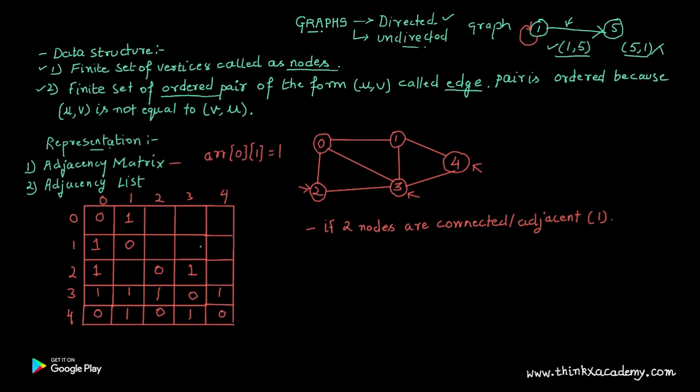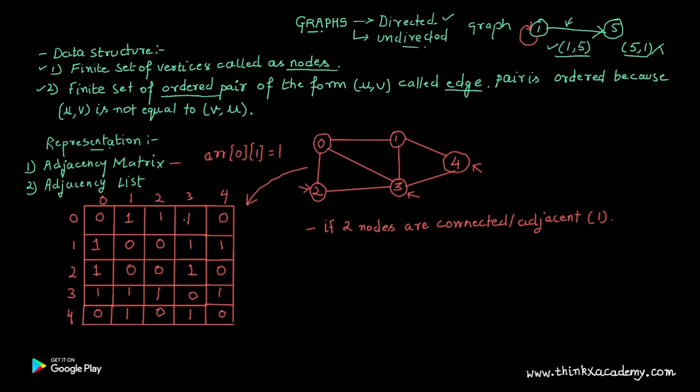So 2, 1, since it is not connected, we are going to mark it as 0. 1, 2, again 0. 1, 3 is 1. 1, 4 is also 1. 2, 4 is 0. Then 0, 2 is 1. And similarly 0, 3 is also 1 because 0 and 3 are also connected. 0, 4 is 0.